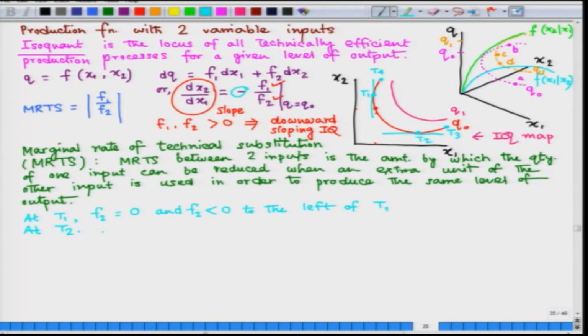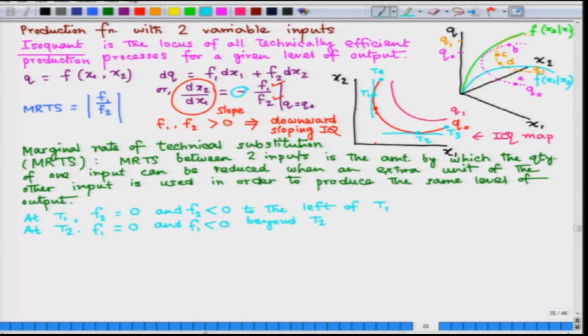So, if the slope of the isoquant is 0, then that means F1 becomes 0, of course, and it becomes negative beyond T2.